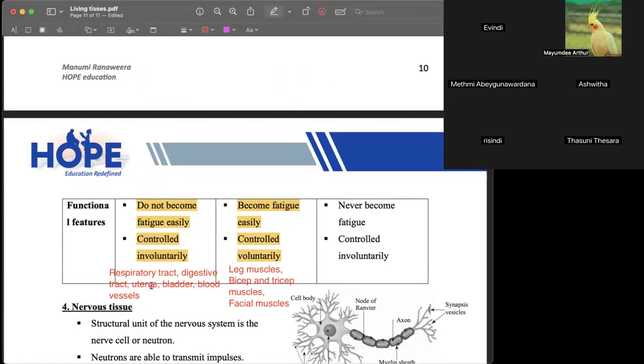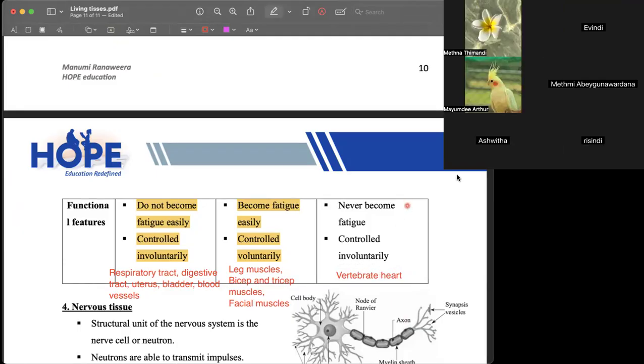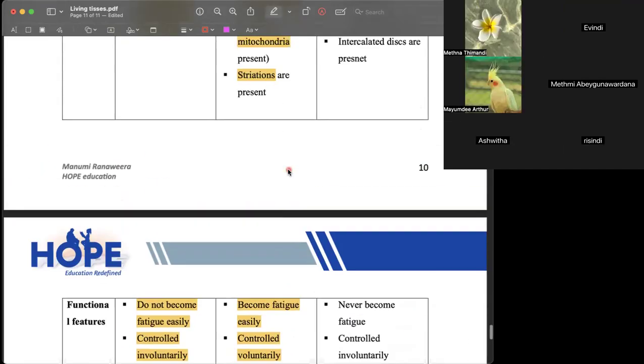But cardiac muscle tissue, that is the heart. You can only find the cardiac muscle tissue in the heart of vertebrates. Okay, that's the only place where you can find cardiac muscle tissue.